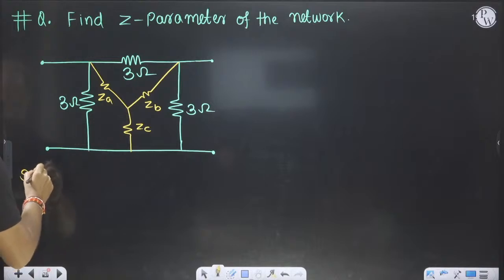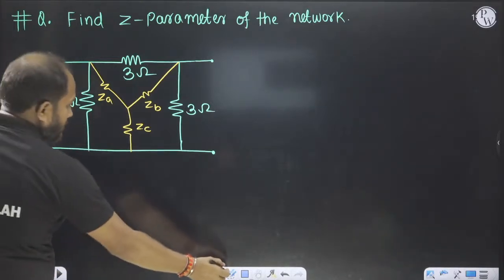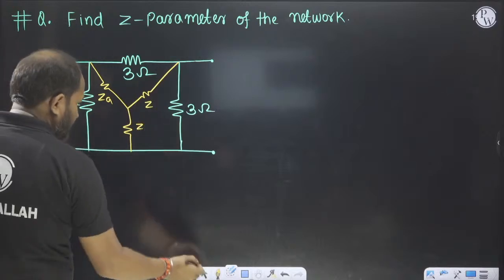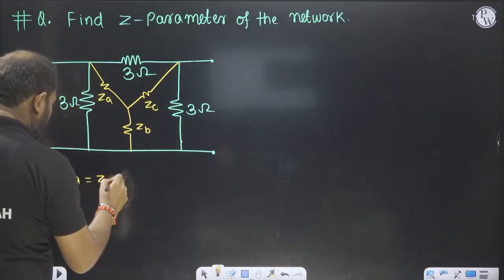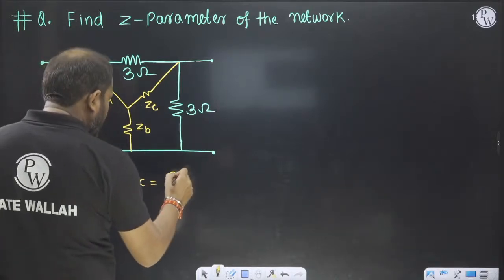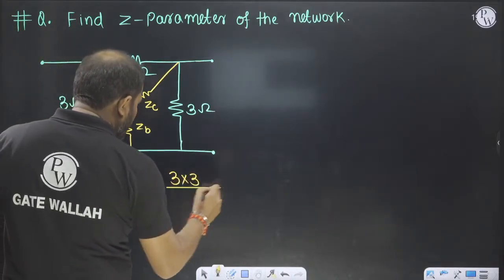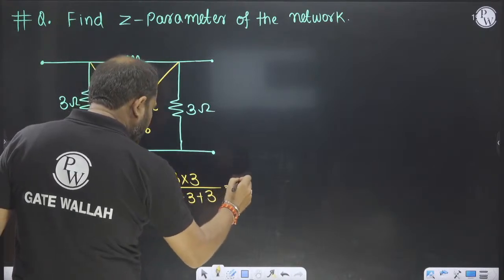So for ZA, what it will be? ZA is equal to, and ZB is equal to, ZC is equal to, it will be 3 into 3 divided by 3 plus 3 plus 3. So it will be 1 ohm.